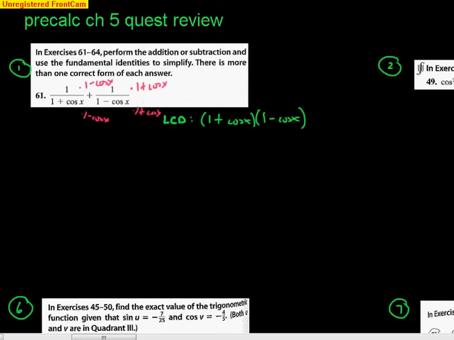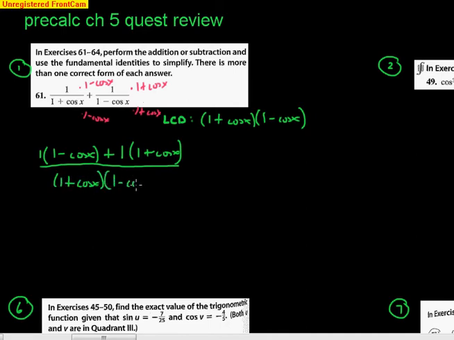Okay? So now what do we get? When we multiply, what I like to do is just write it out, not multiply it out yet. So we have 1 times 1 minus cosine x, plus 1 times 1 plus cosine x, and that'll all go over this LCD, 1 plus cosine x, 1 minus cosine x.